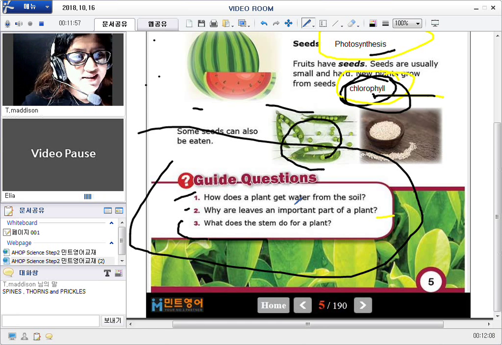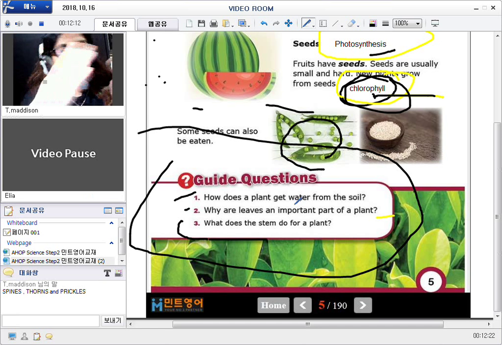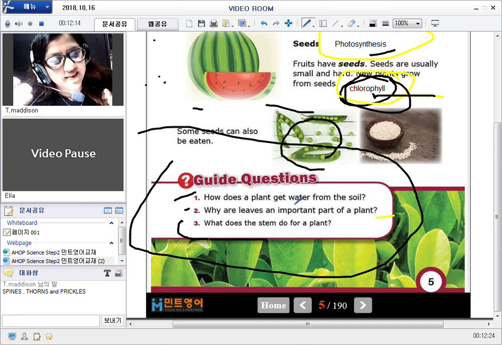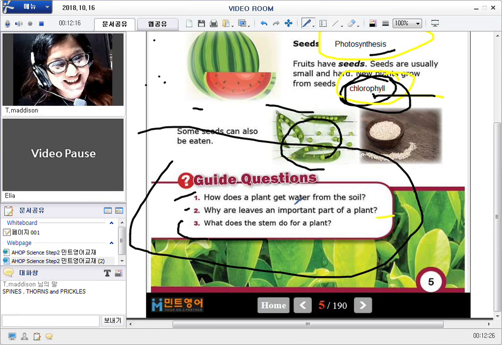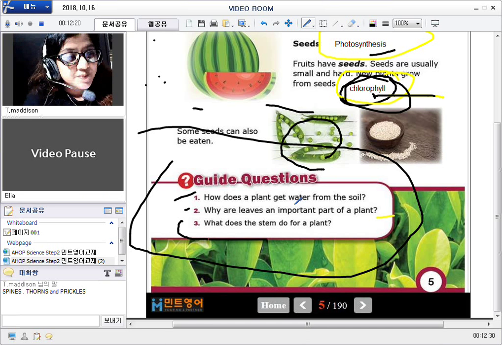So that substance can convert energy from the sun to food or what else? Oxygen. Yeah, that's right. That's why leaves are important. Very good, Elia. You got it perfectly.